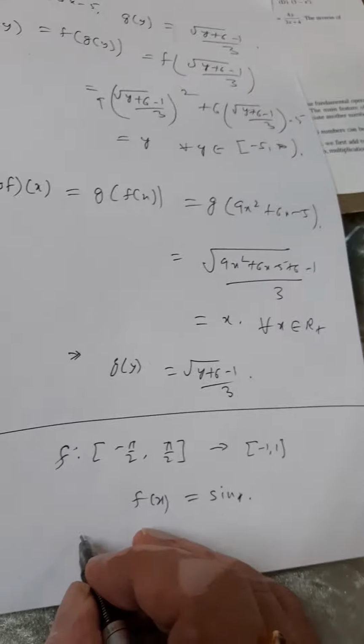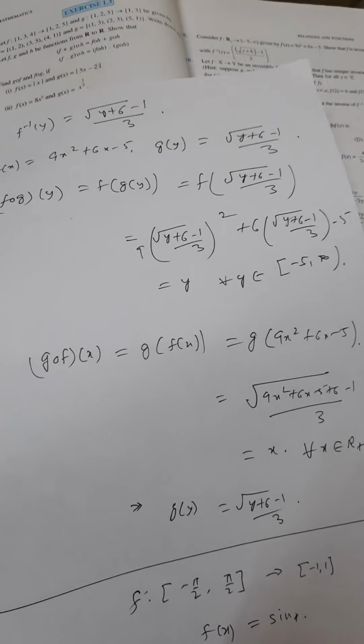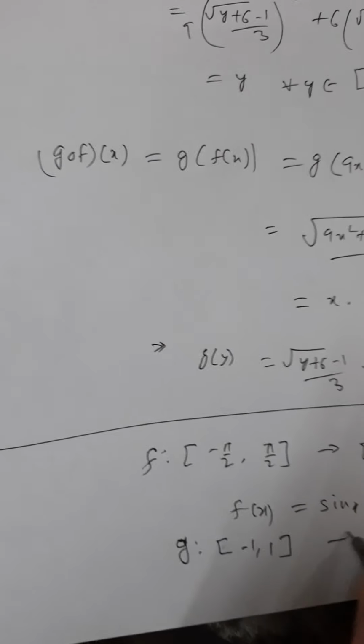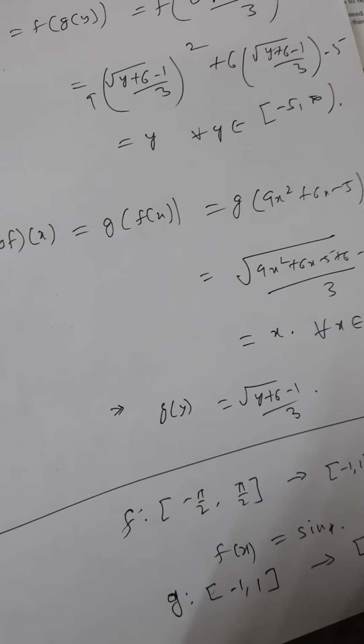So the function g is defined as g from minus 1 to 1 to minus pi by 2 to pi by 2, as g of x equals sine inverse x.